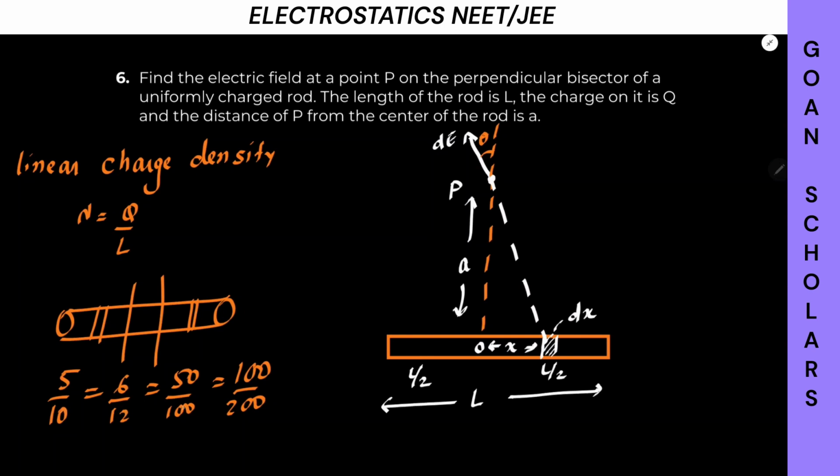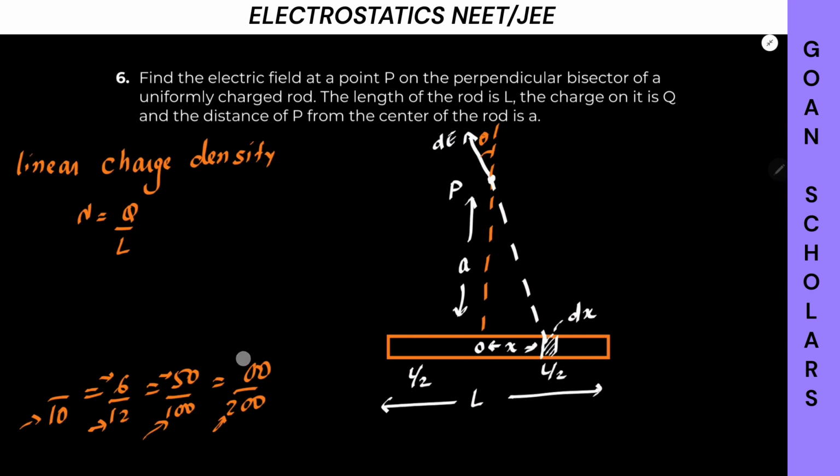How? 5 by 10, half; 6 by 12, half; 50 by 100, half; 100 by 200, half. The ratio of charge per unit length remains constant. Though each section has a different Q value, the numerator is different, and each section has a different length value, the denominator is different, but the overall ratio remains fixed for a given wire, correct? So lambda for this whole wire remains the same, correct?